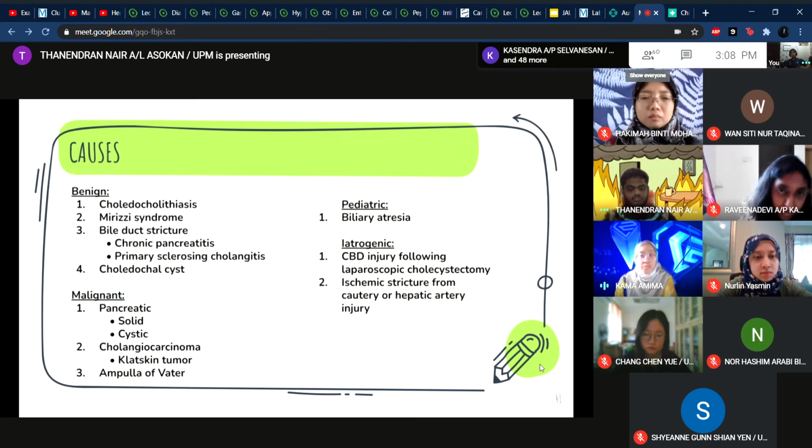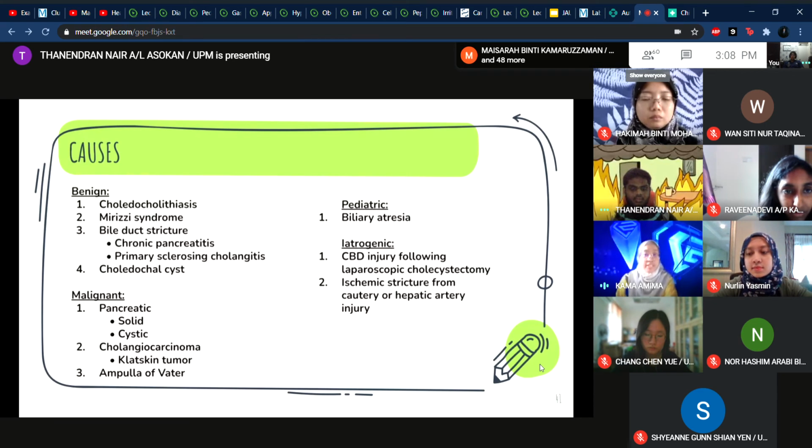So post-hepatic obstruction can be located in several different areas of the biliary tree and can be due to a variety of benign and malignant pathologies. So for benign pathologies, choledocholithiasis is one of the benign causes that can cause post-hepatic jaundice. So cholelithiasis involves the presence of gallstones, which are concretions that form in the biliary tract.